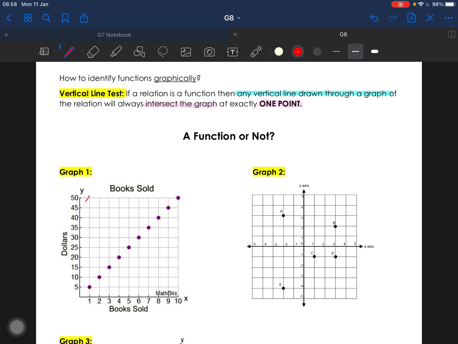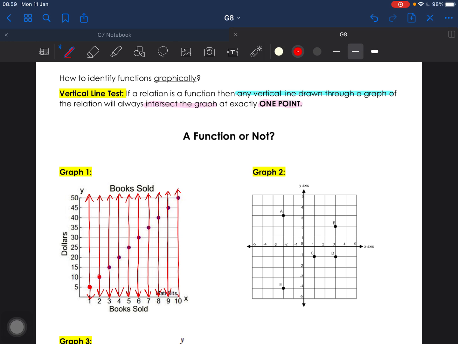So if I start from here, do you see how the graph intersects my vertical line once here, and then once there, and then here as well? Do you see how it only intersects at one point, right?